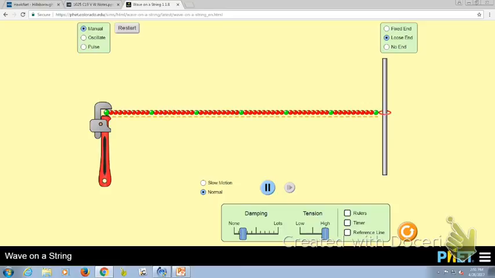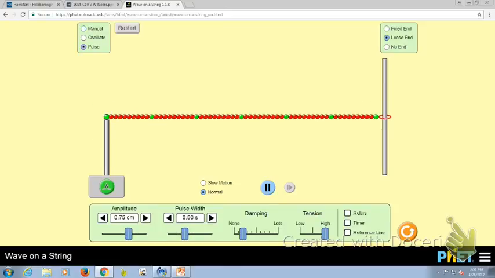And then let me put a pulse in. And I want to get rid of damping. Well, actually, I want lots of damping. And I want it to be pretty sharp. I'm going to put it like that. And I want it to be big. And then let's fire this thing.